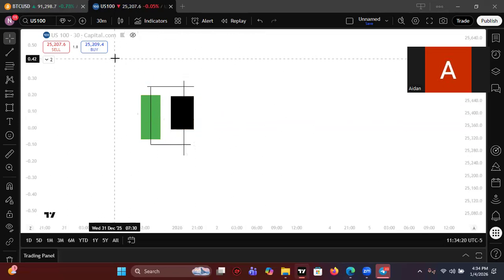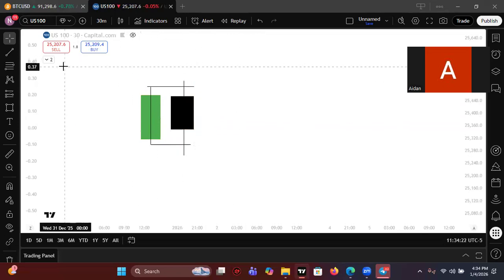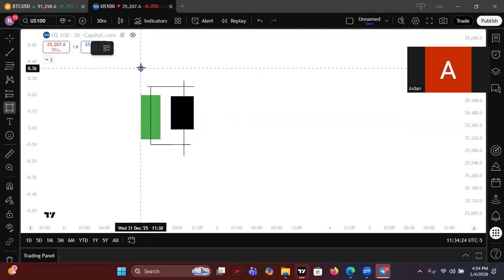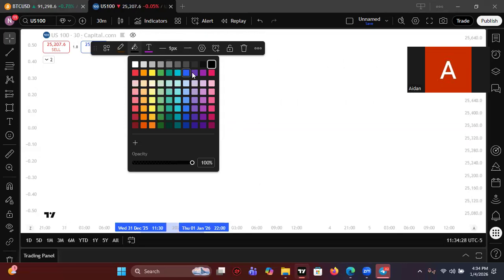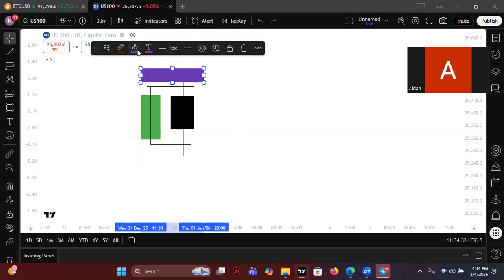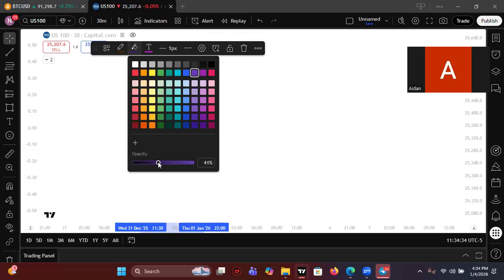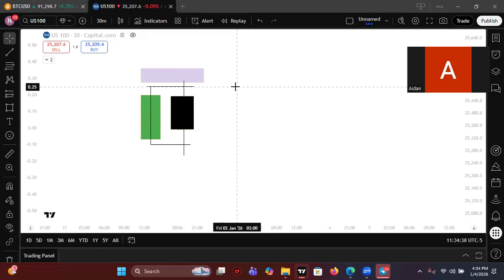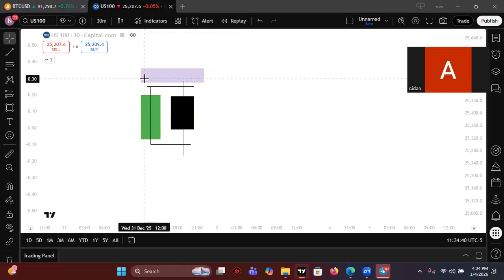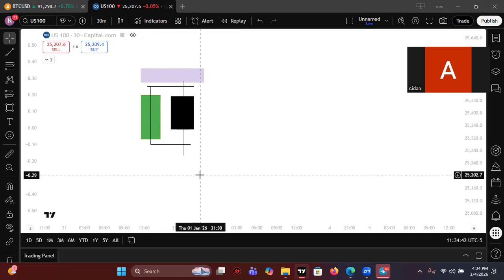So let's say you have your fair value gap over here, and you want price to move to the next external range liquidity. But then you get this invalidation, something like this. You can't know what the market wants to do, although the market is moving from a fair value gap to external range liquidity.